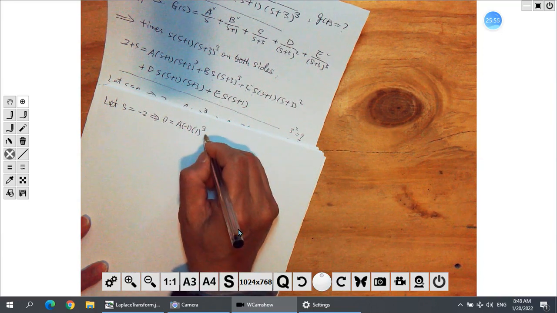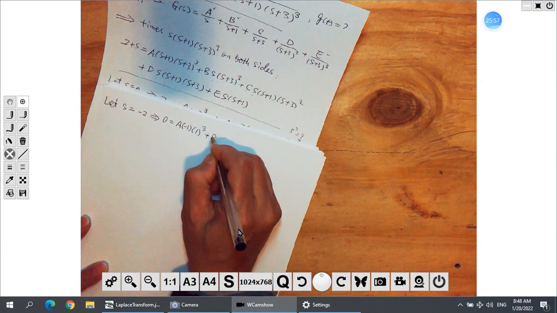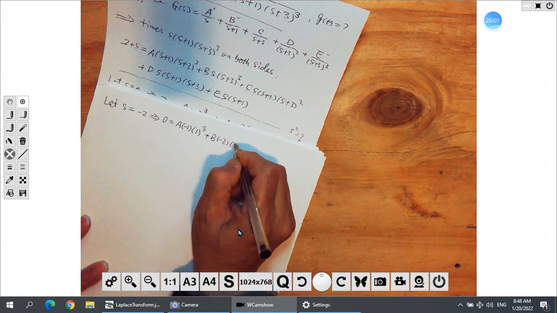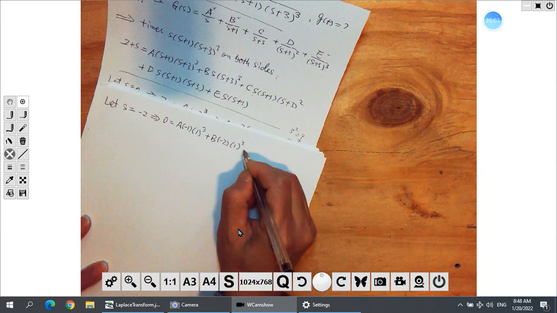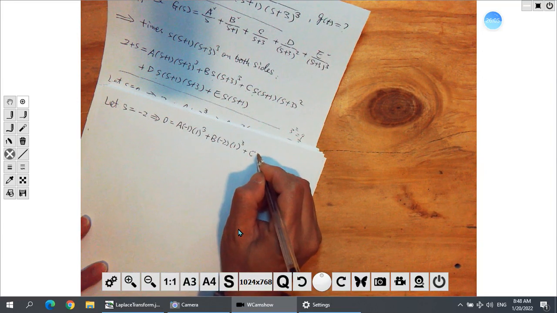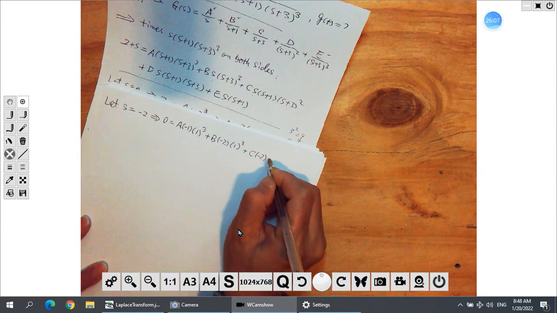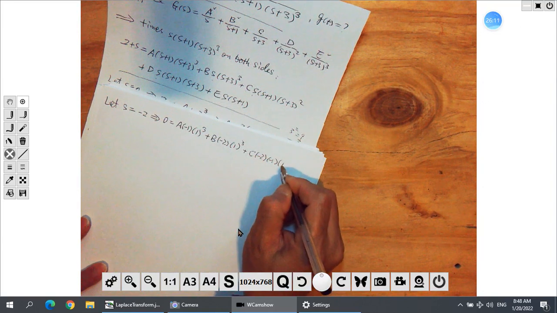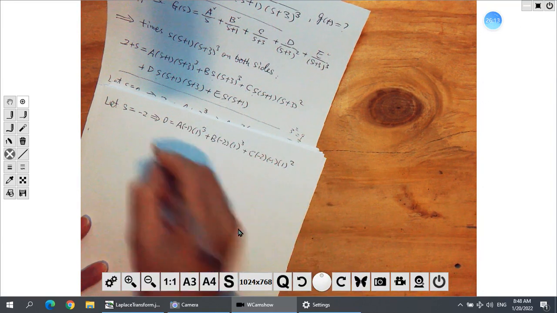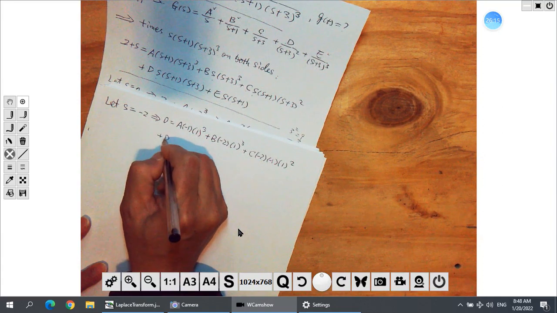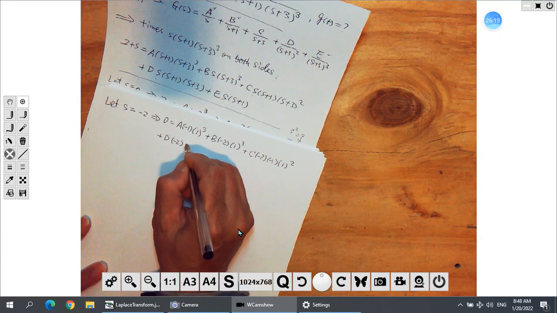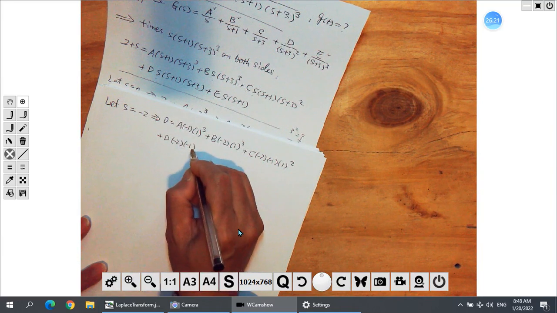And B times negative 2, negative 2, I get 1 cube. And C times negative 2, negative 1, and 1 square. And the D, s is negative 2, negative 1, and plus 1, and plus 3, I get positive 1.